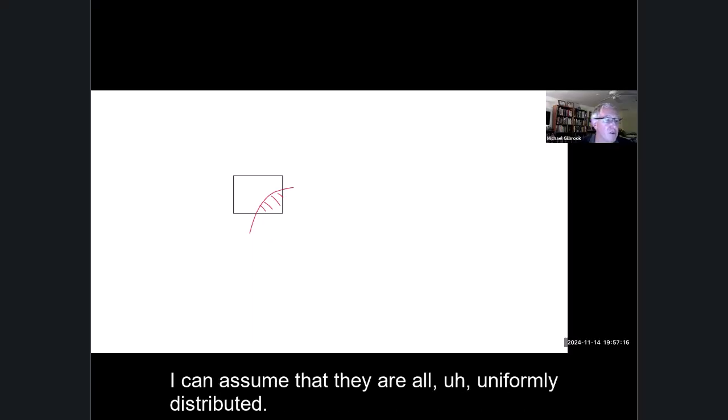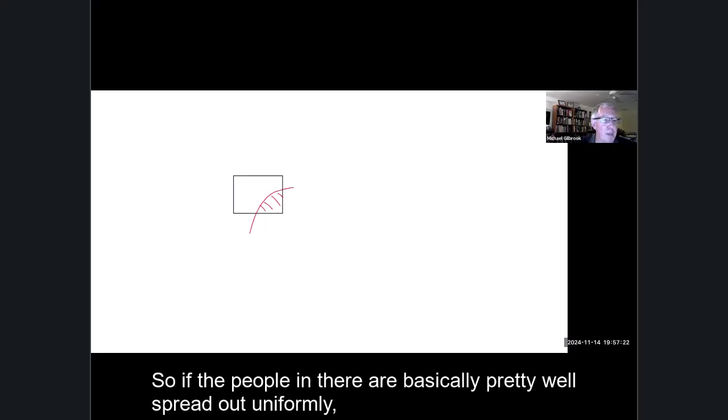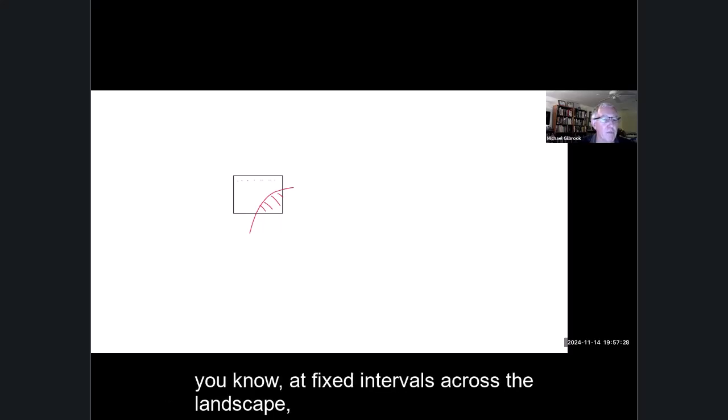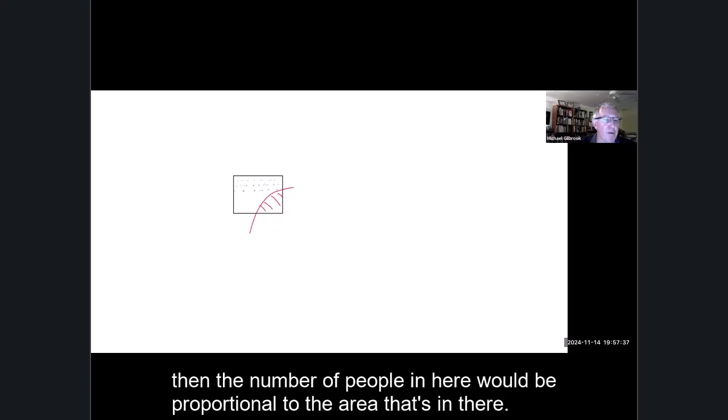One is I can assume that they are all uniformly distributed. So if the people in there are pretty well spread out uniformly, at fixed intervals across the landscape, then the number of people in here would be proportional to the area that's in there.